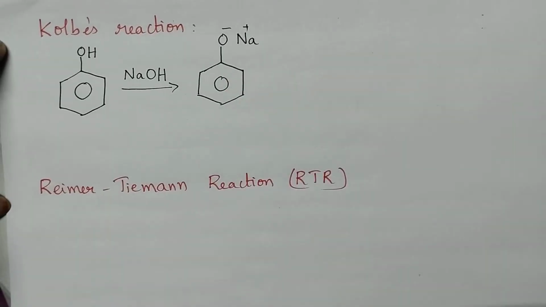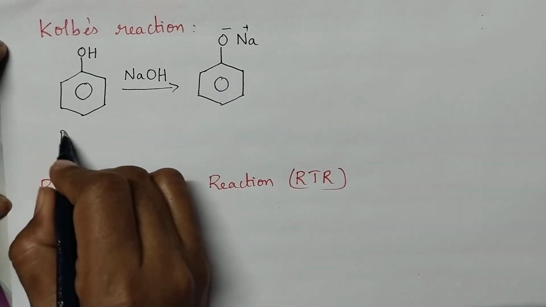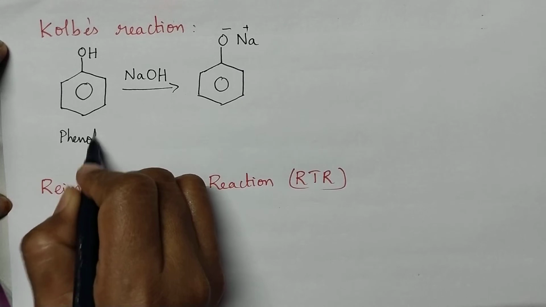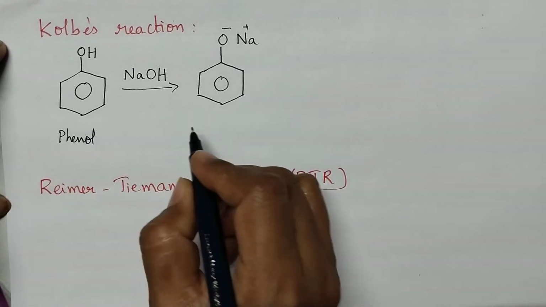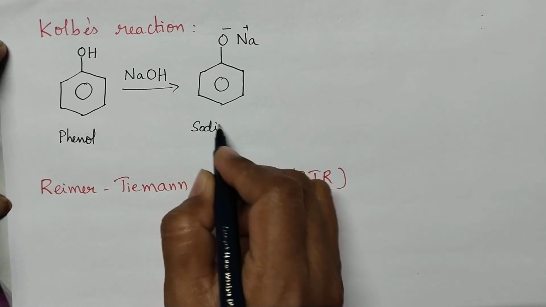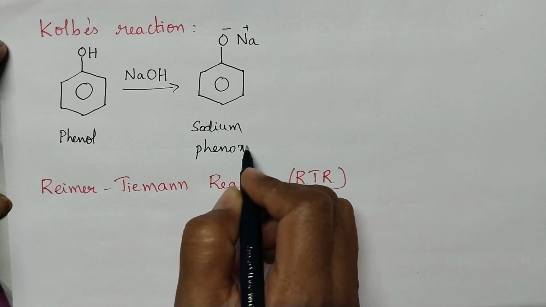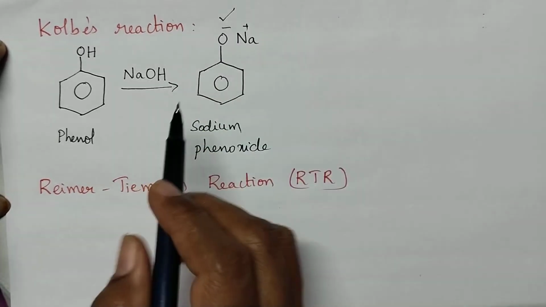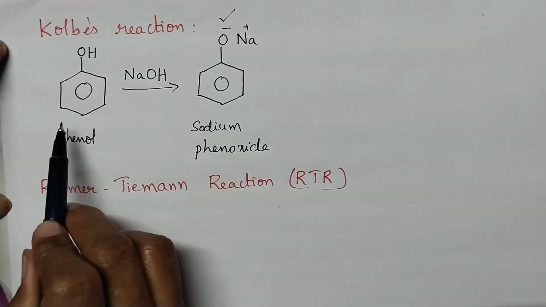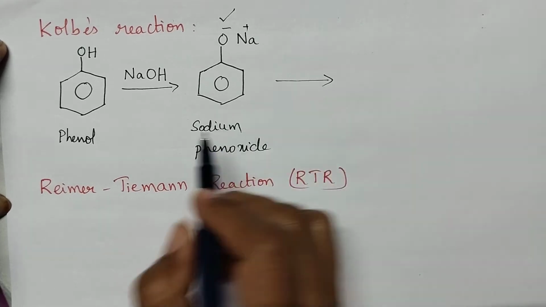What is the major difference between phenol and sodium phenoxide? Phenol on treatment with NaOH results in the formation of sodium phenoxide. Especially, this sodium phenoxide is highly reactive when compared with phenol.